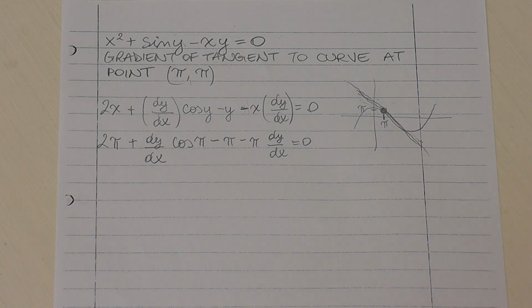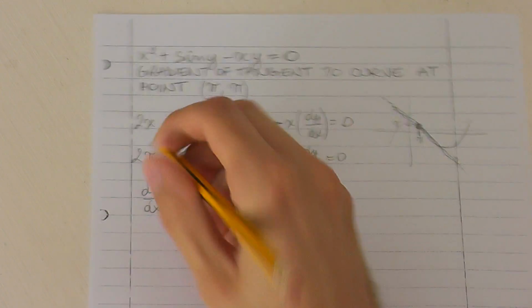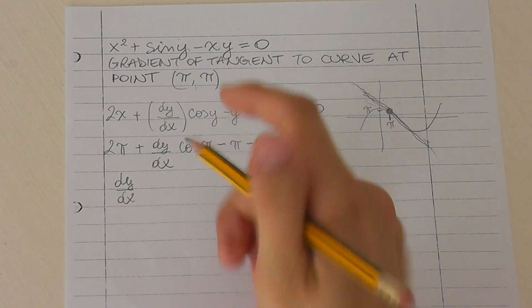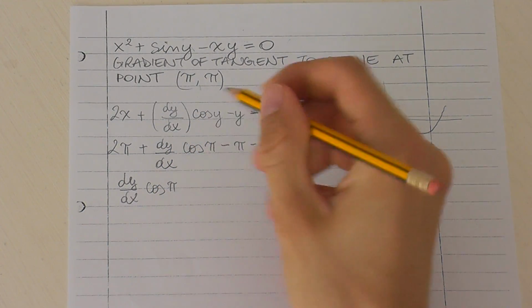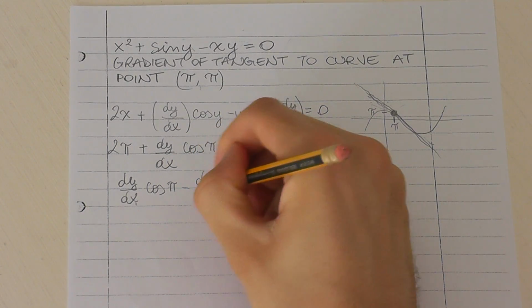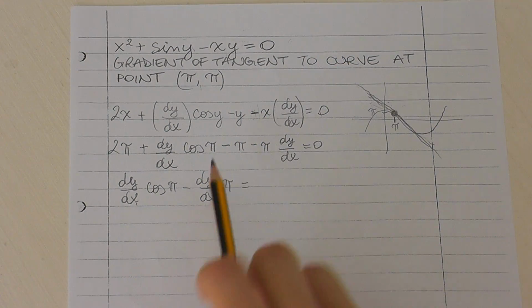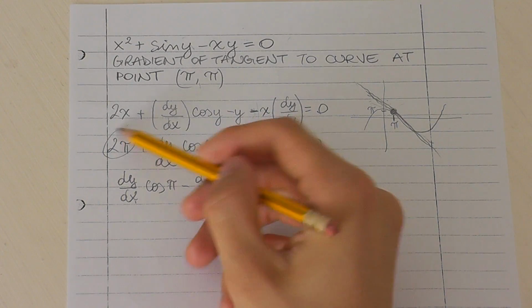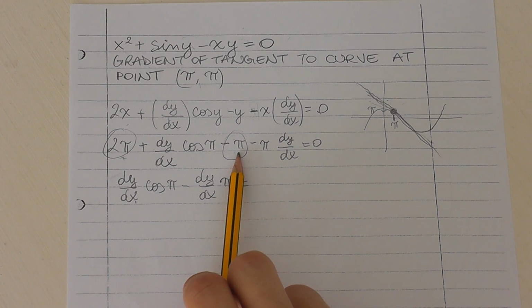Next, we need to make dy dx the subject of this equation, or as I said earlier, put it to the left. So dy dx cosine pi, that's just this term, minus dy dx pi is equal to, and now I'm putting the constants on the other side, and that 2 pi minus pi is obviously pi.